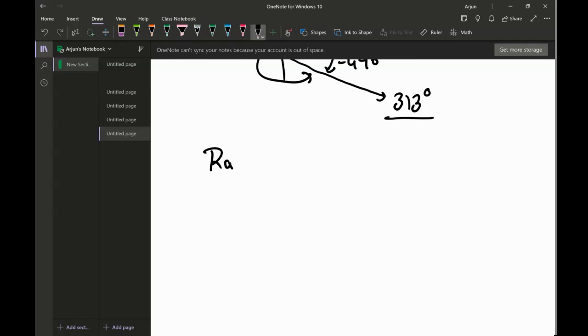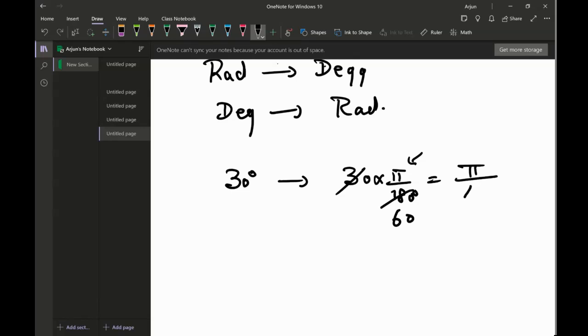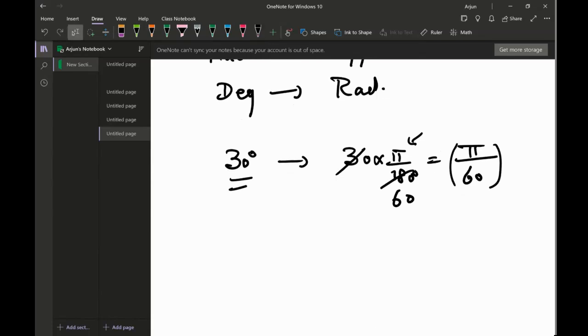If you are given 30 degrees, how can you convert it into radians? 30 times pi over 180, because you want to convert it into pi form, so pi will be on top. 30 over 180 reduces to 1 over 6, so pi over 6 will be the value when you convert 30 degrees into radians.